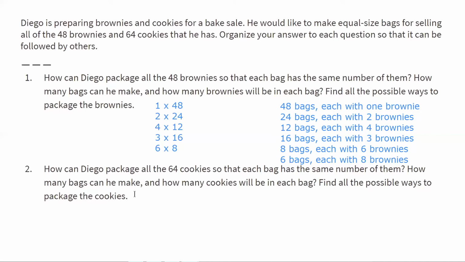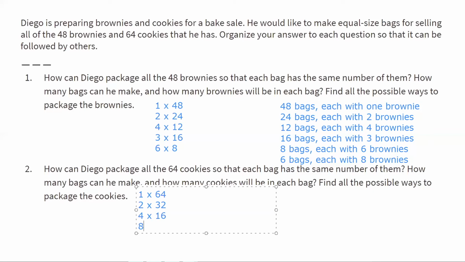So thinking of our factors, I know definitely 1 times 64. And then well, 64 divided by 2 is 32. So 2 times 32. And then 64 divided by 4 is 16. So 4 times 16.